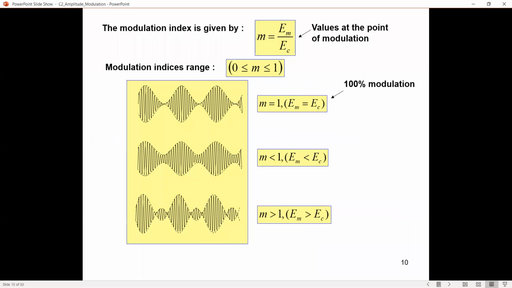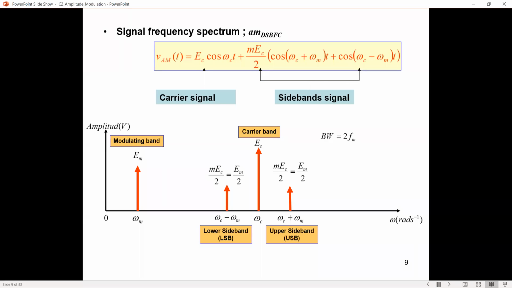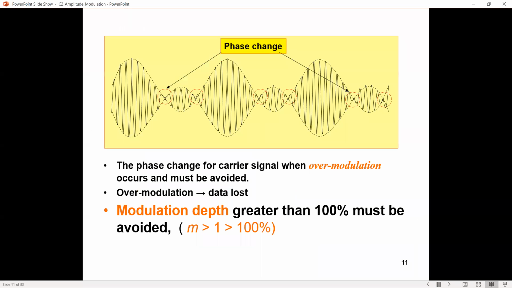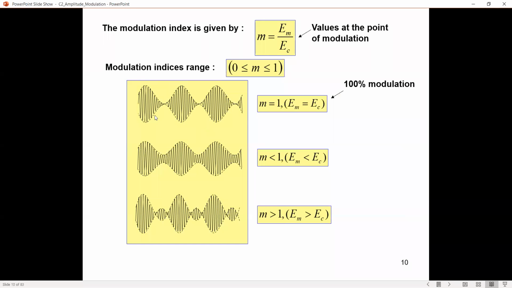This is in the spectral component. If you look at the waveform of the AM signal, it consists of FC, FC plus FM, and FC minus FM. So these are higher frequencies.